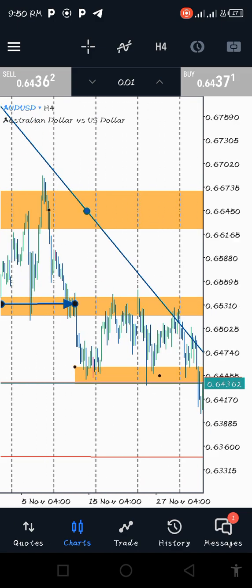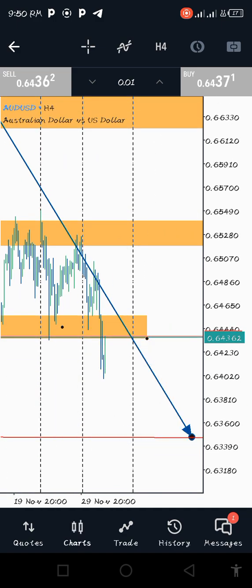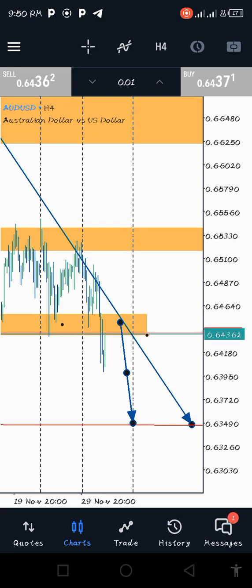So we were expecting another re-entry from this zone down into this line, the last TP. So we will just be bagging our pips.